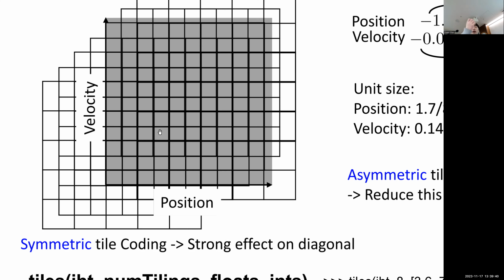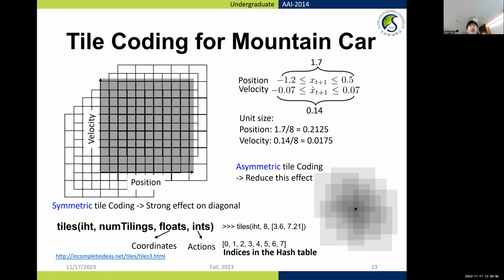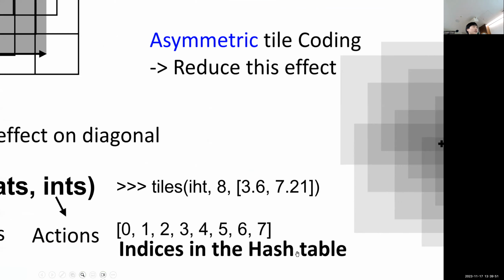So for efficient saving of the data, in practice, in the source code, most of the time we use a hash table to save those data. We give a hash table of enough size, and each time we just save the data into the hash table with the corresponding coordinates, for example, here 3.6, 7.21.